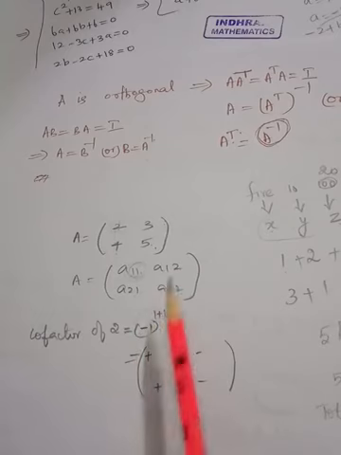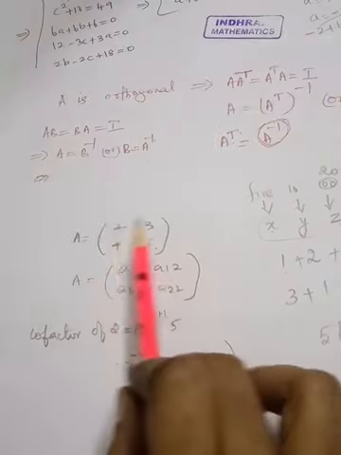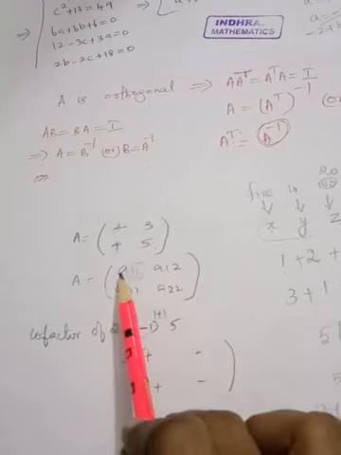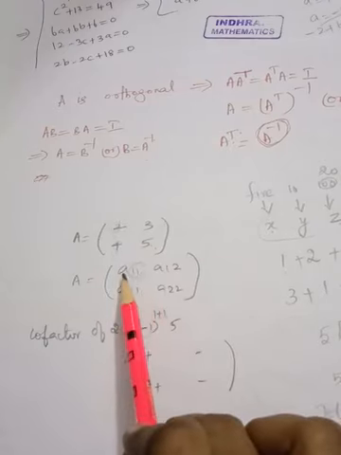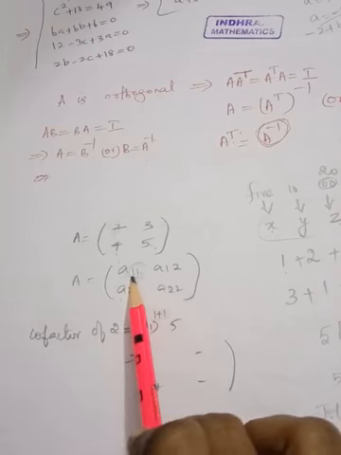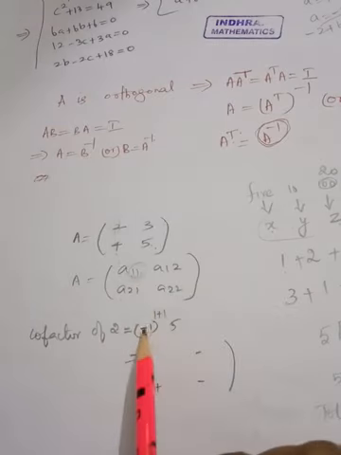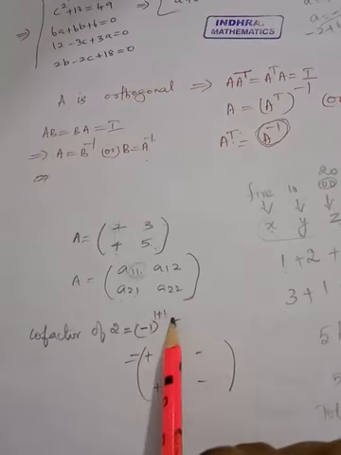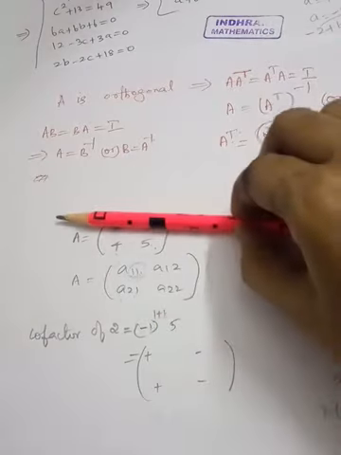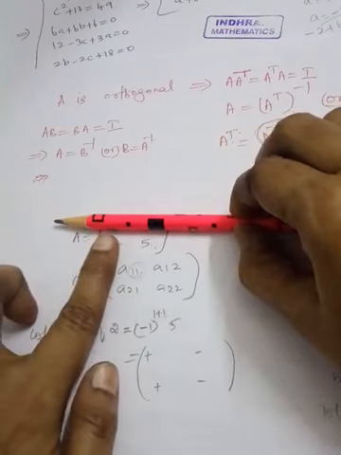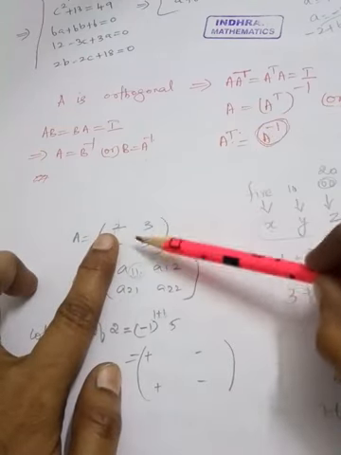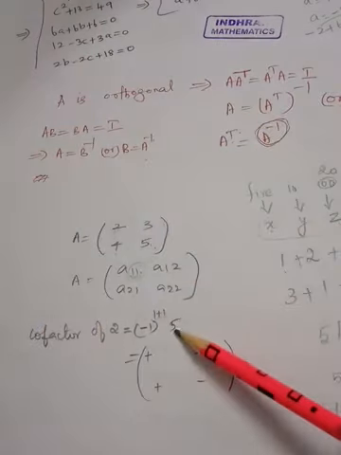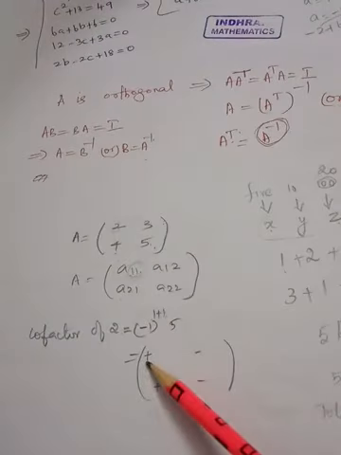What is 1 plus 1? This 2 is in the first row, first column. That is only what A11 means. Minus 1 power 1 plus 1 into minor: the corresponding row and column deleted, the remaining number is 5.